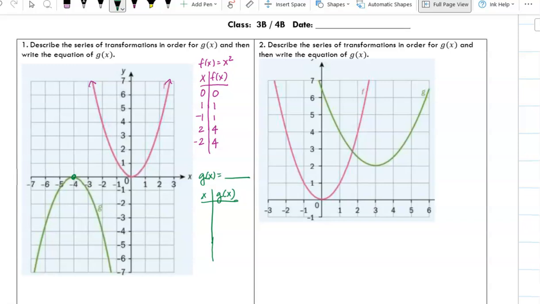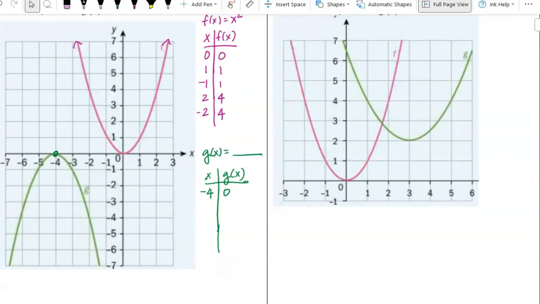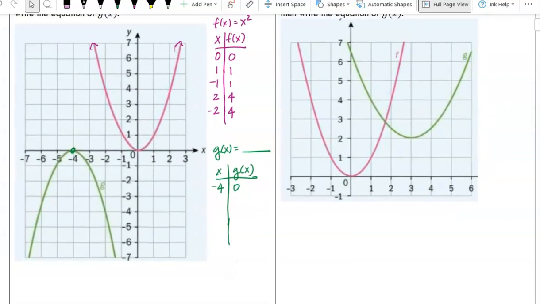So with the vertex, which is negative 4, 0, we can figure out what things are being added from the parent function to get to g of x.